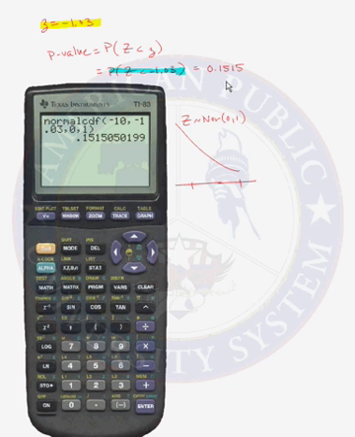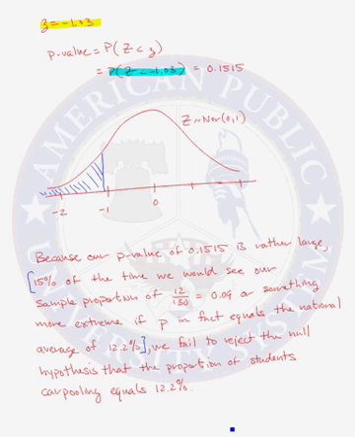Now we're ready to complete our test of significance. To finish the problem, we need to write our English conclusion in context of the problem. Because our p-value of 0.1515 is rather large, what does a p-value of 0.1515 mean?